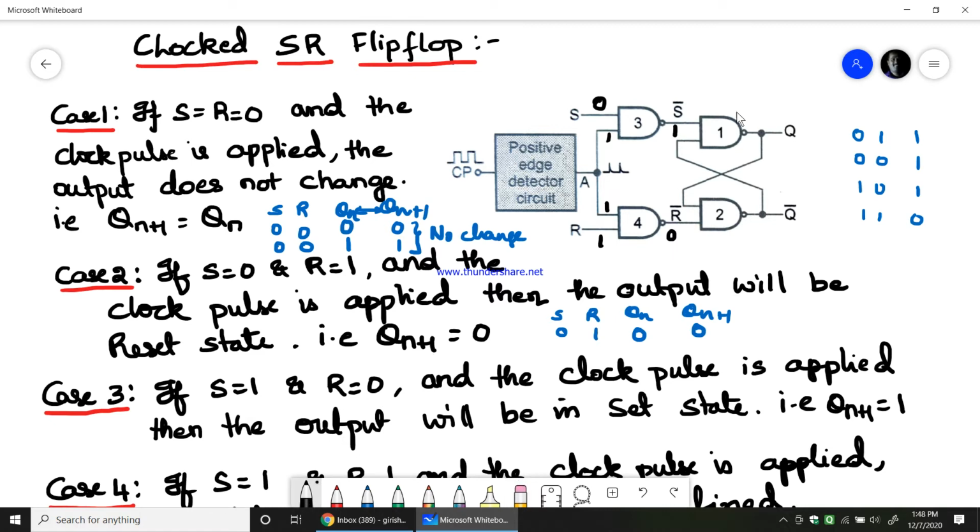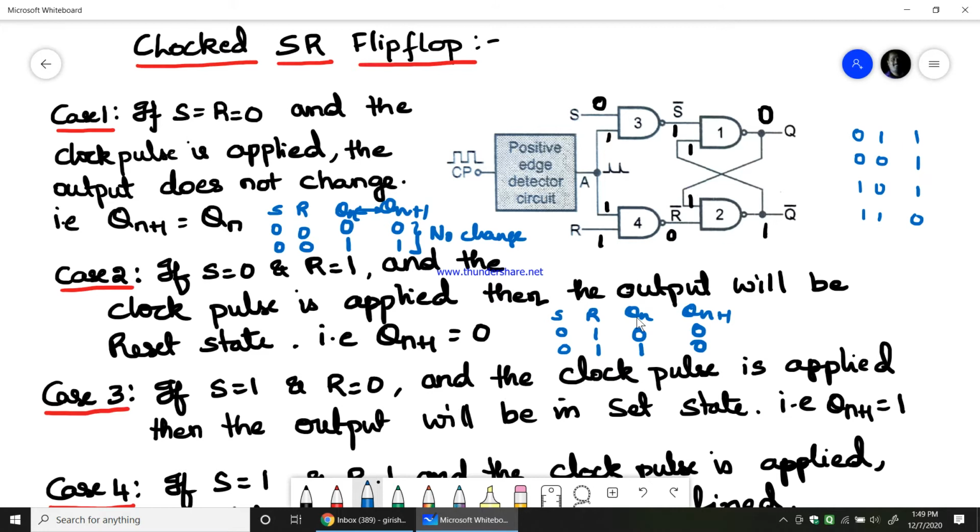This 1 is given to this, so 1 NANDed with 0 is again 1, and this 1 is given to this, 1 NANDed with 1 will give you 0. So for the same 0 1, I assumed Qn as 1, but I ended up getting 0 again.